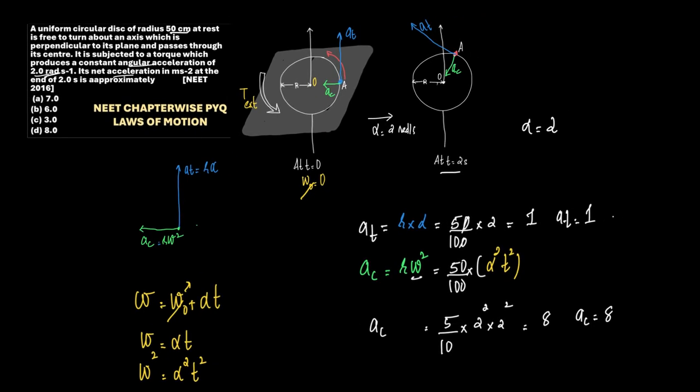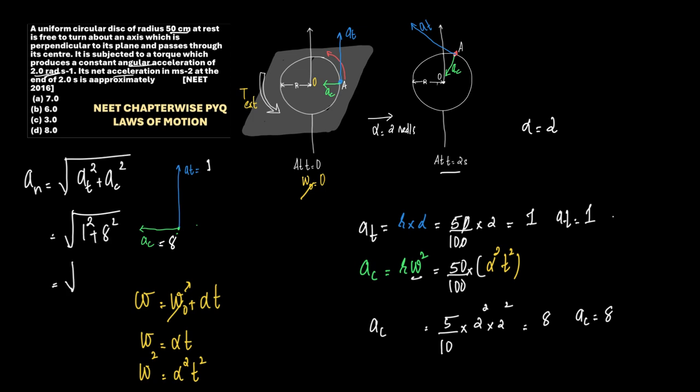So AC is equal to 8, and AT is equal to 1, in which case what is A net? A net is equal to root of AT square plus AC square, which is root of 1 square plus 8 square.